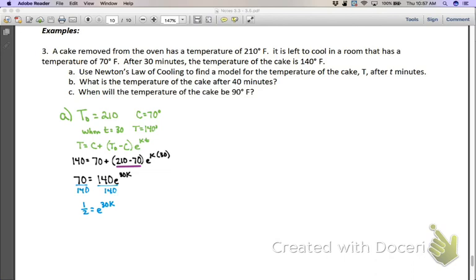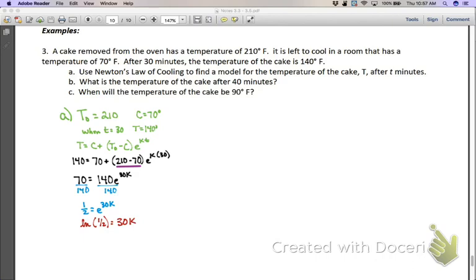From there, turn it into a logarithm. I'm going to have the natural log of 1/2 equals 30K.